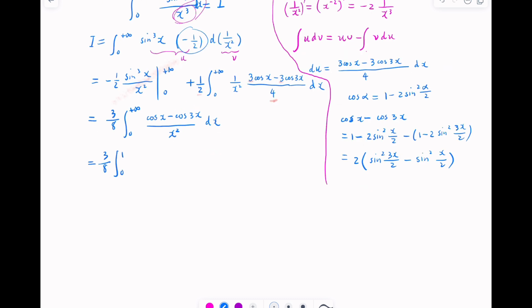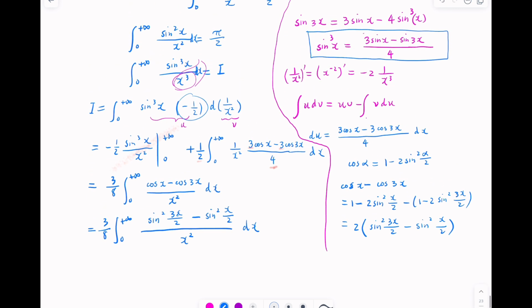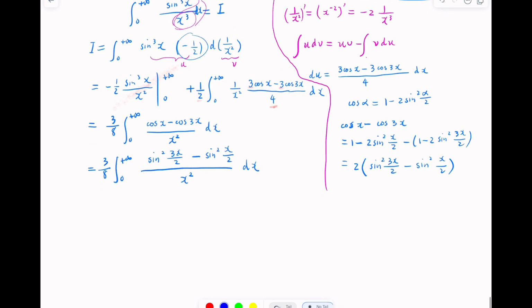So the integral here is going to be over x squared of sine square 3x over 2 minus sine square x over 2, dx. Now that's good. Through some algebra and multiplication, we can use these results from earlier. So how are we going to do that?